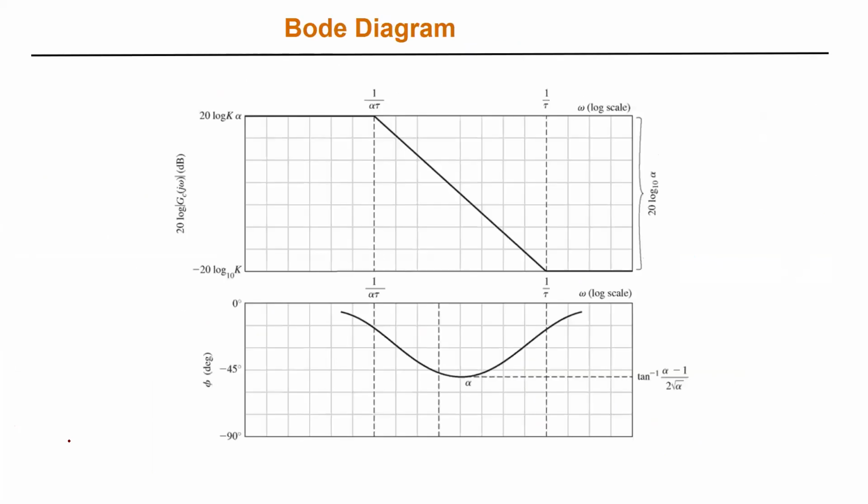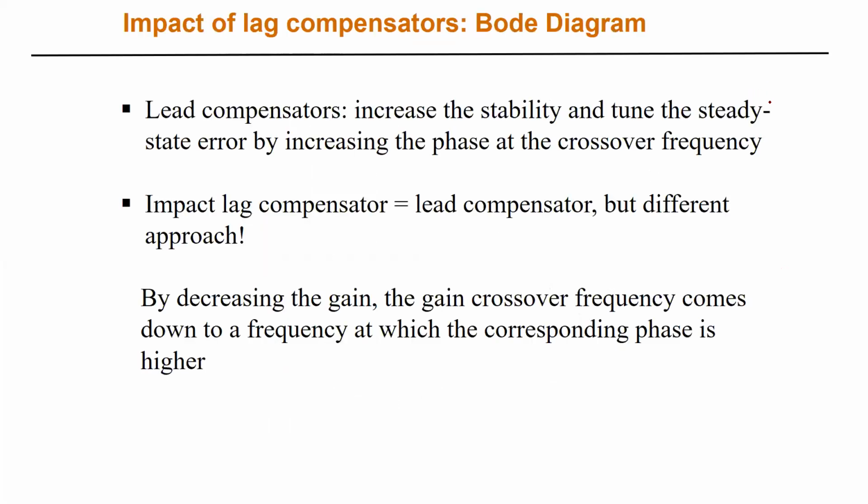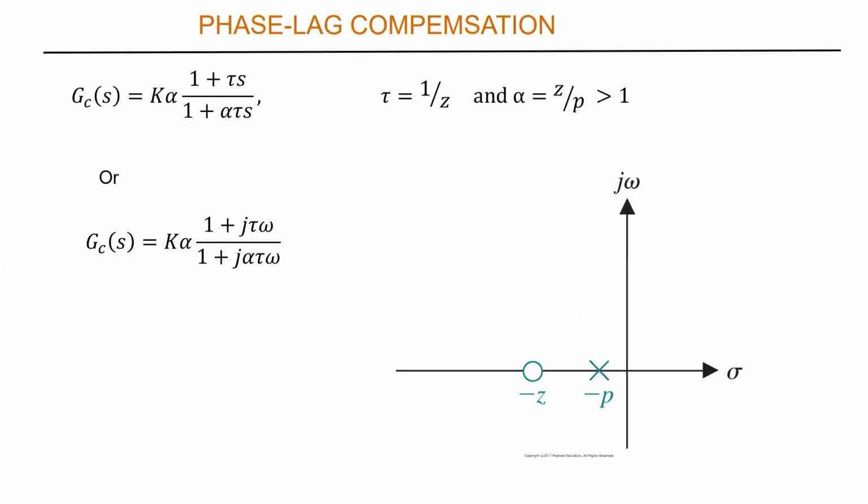This is the characteristic of the compensator. Look, the pole is before the 0.